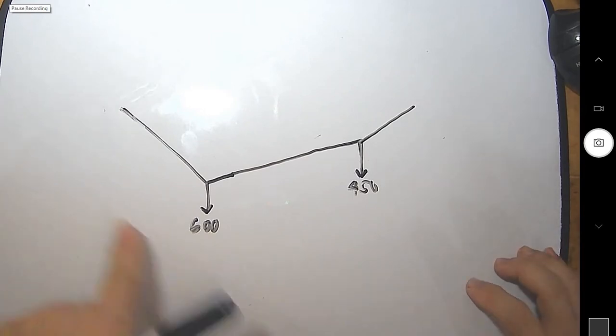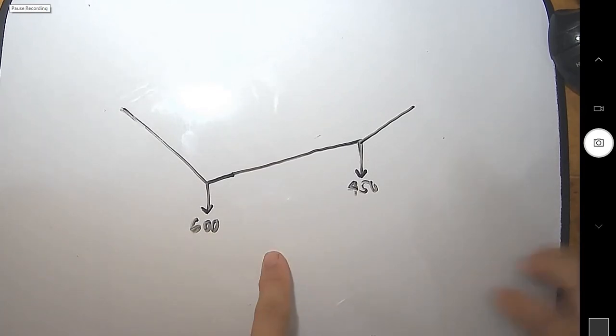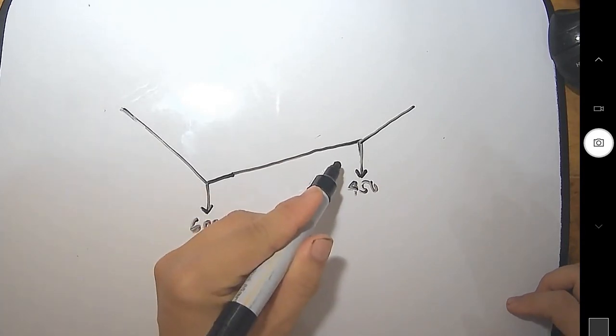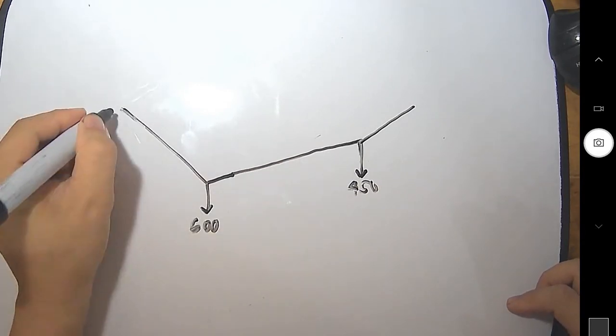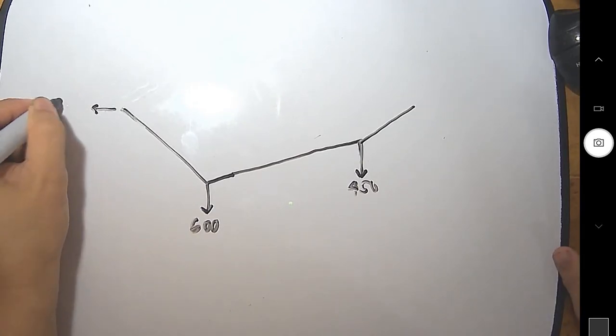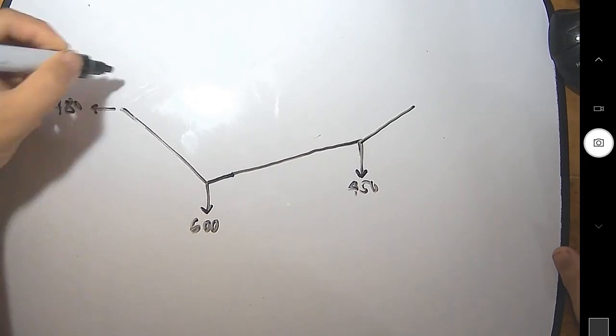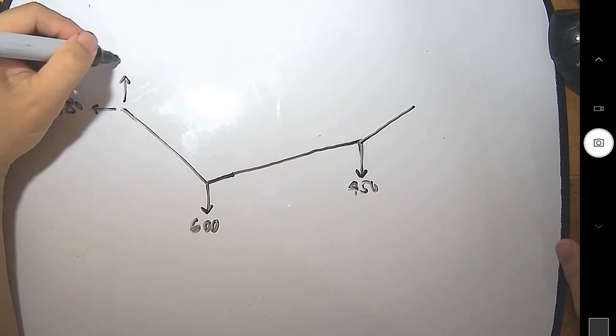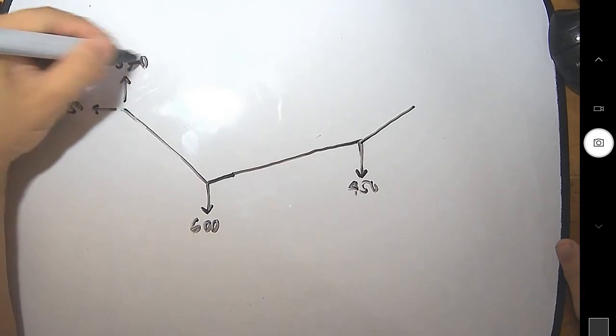Okay guys, so ito yung ating figure. So, meron siyang 600 Newton na load dito and then 450 here. Tapos, this is a point A. Merong horizontal reaction na 480. Tapos, merong vertical reaction na 570.